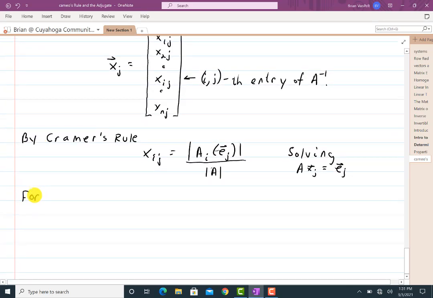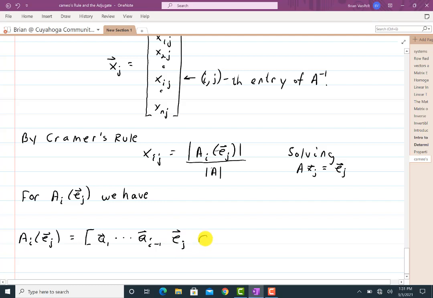Now, for A sub I E j, we have... now I need to try to figure out what this determinant is right up here.